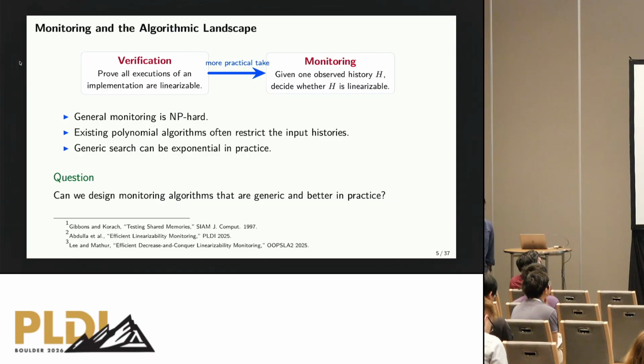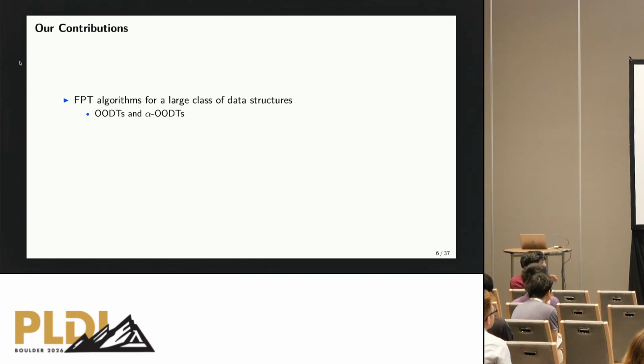But in general, if you don't have these restrictions, the problem cannot be solved in polynomial time. Right. So the question that we're trying to answer is, can we take another look at the complexity boundary? Meaning we're not trying to restrict the histories, but we're only trying to understand if I can come up with better algorithms than exponential time algorithms. Okay, so these are our results.